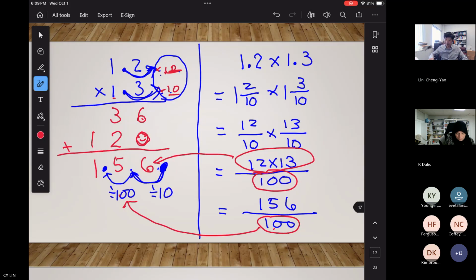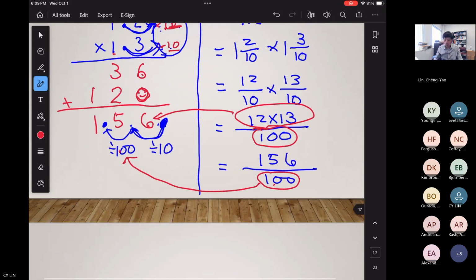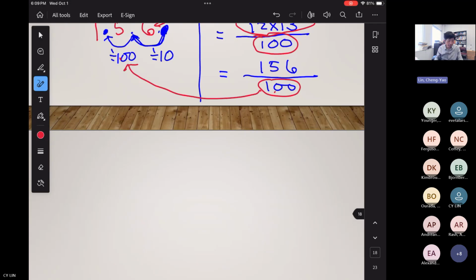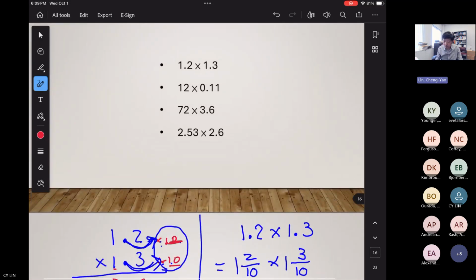If this doesn't make sense to you, I would like you to try one problem. Once you try this problem, think about why we have to move the decimal point. How about doing this problem: 12 times 0.11.